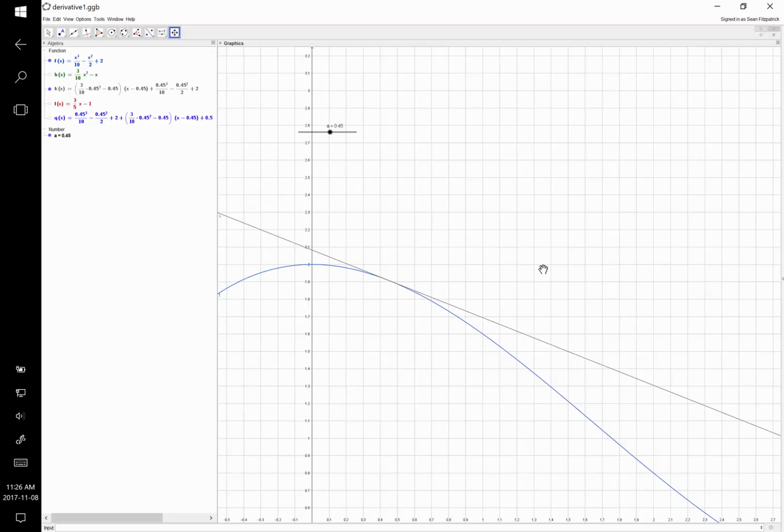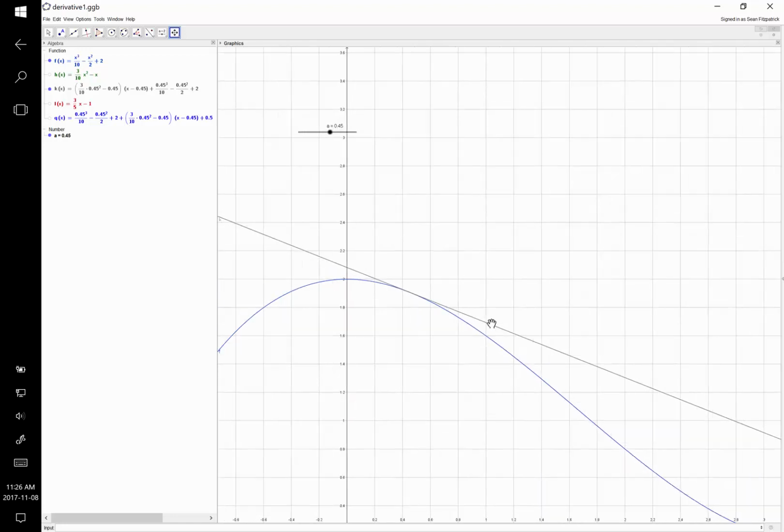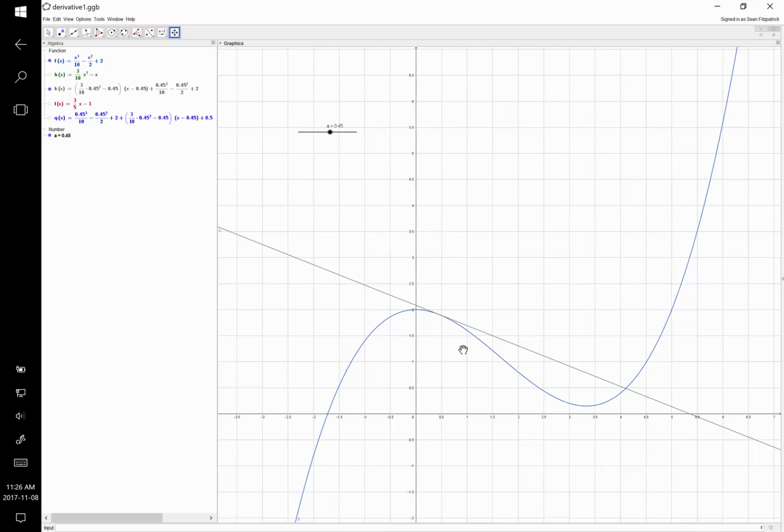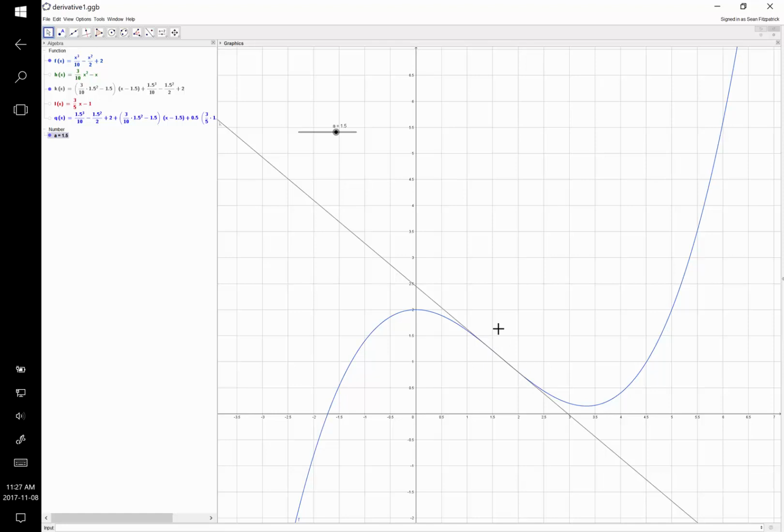Now, something else that you notice if you start looking at these is that the error depends on a couple of things. It depends on how far away we move from that point, but it also depends on where we are on the graph. If I were to move my point over until I get close to the inflection point for my graph, somewhere between 1.5 and 2, there's an inflection point in this graph.